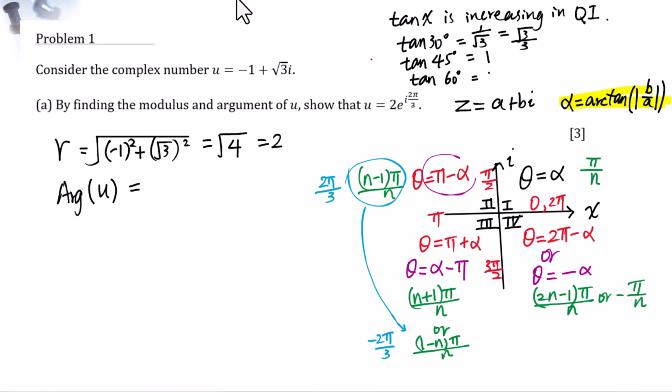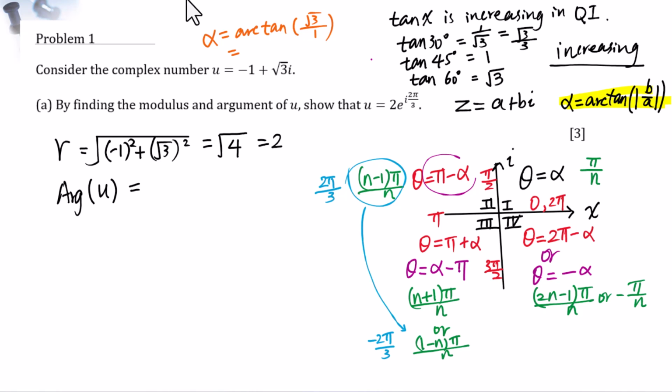Tangent 60 equals square root of 3. You could say the value is increasing. Therefore, this alpha equals arctangent of square root of 3 over 1, which is 60 degrees, equals pi over 3.